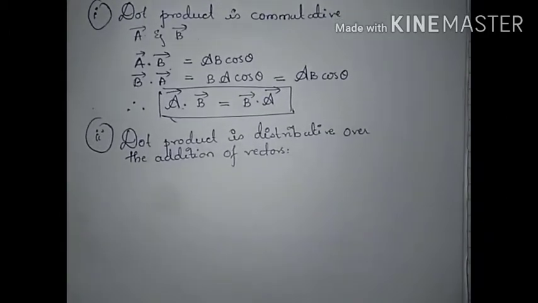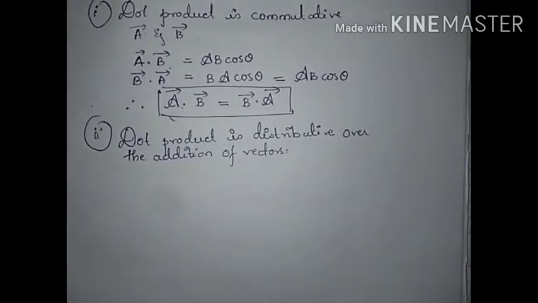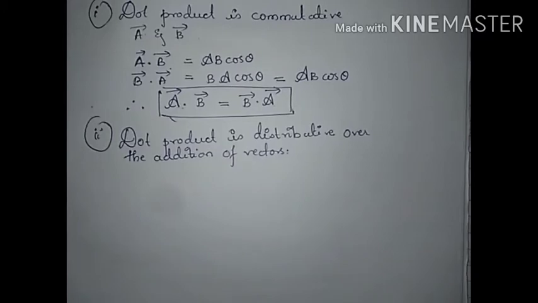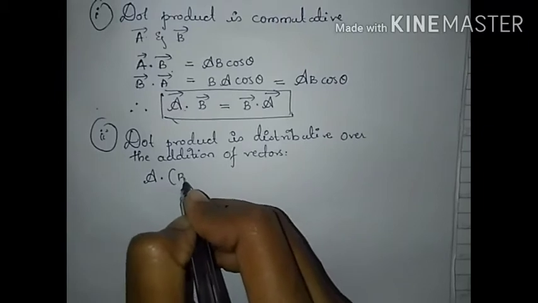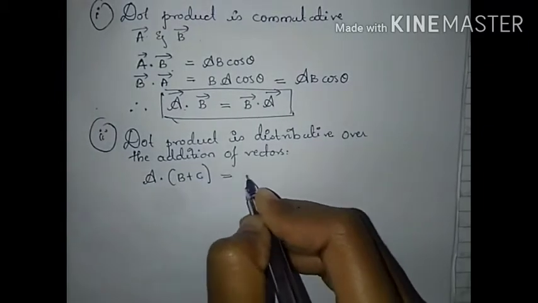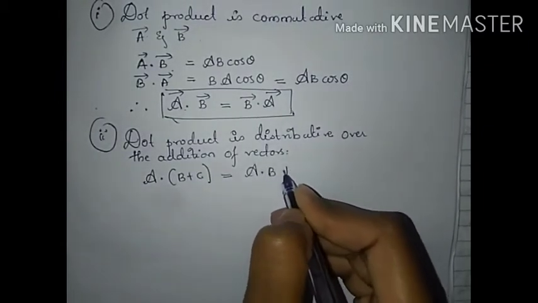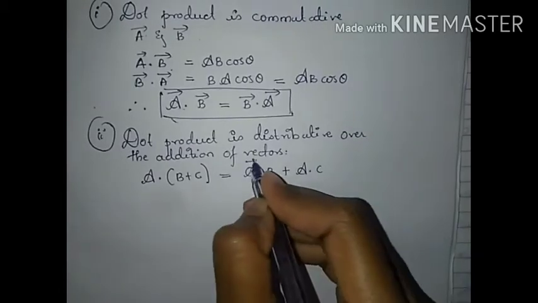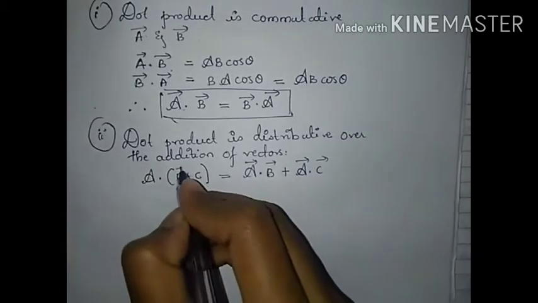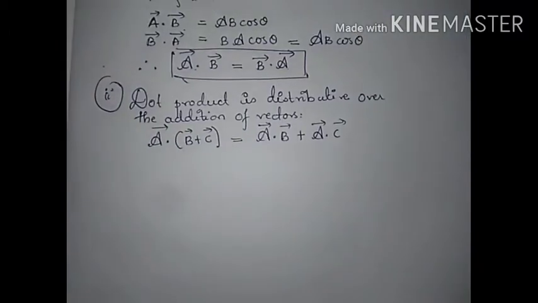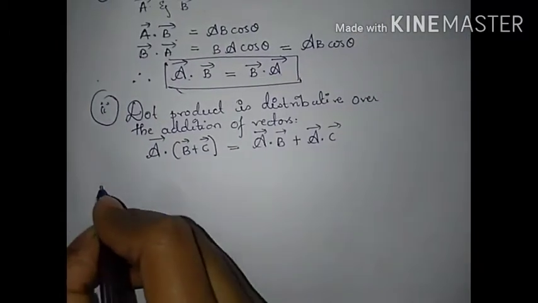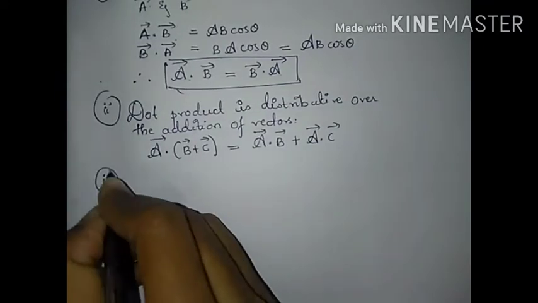That is, if you take A dot (B plus C), then you get A dot B plus A dot C. So this is the distributive law of the dot product.